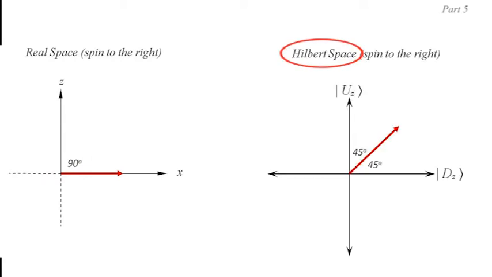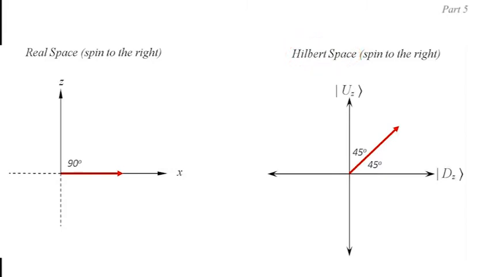However, in Hilbert space, that same spin vector was represented as a state vector at 45 degrees to the up state and 45 degrees to the down state, which themselves were at 90 degrees to each other. These two diagrams, in a sense, represent the situation for a state with equal upness and downness. One is the diagram representing the spin vector in real space, and the other is the diagram representing the state vector in Hilbert space for the same situation.